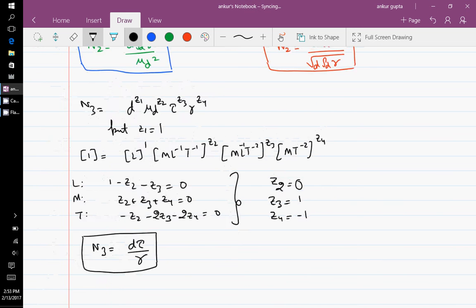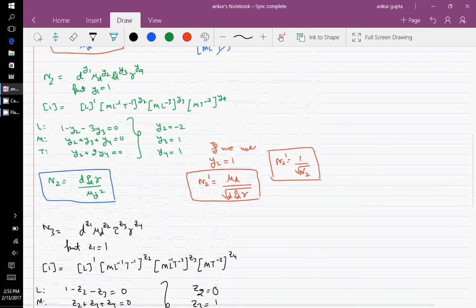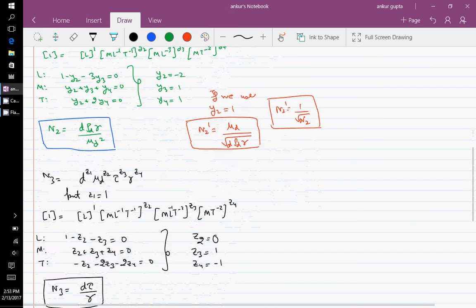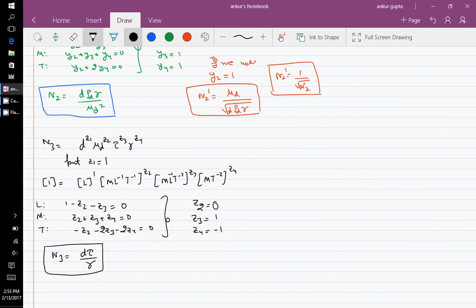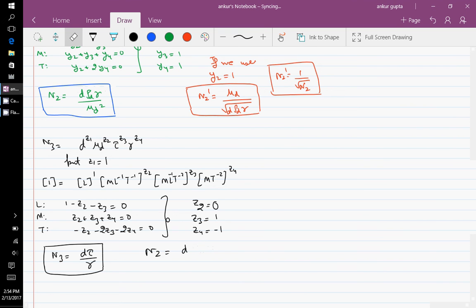Now my question to you is that, we had n1 here, and n2 again written. So let me just write down here for you to see clearly. We have n2 as rho d gamma by mu d square, right?